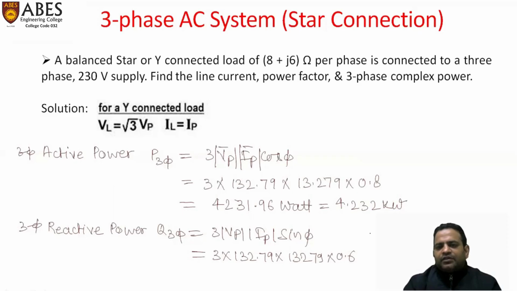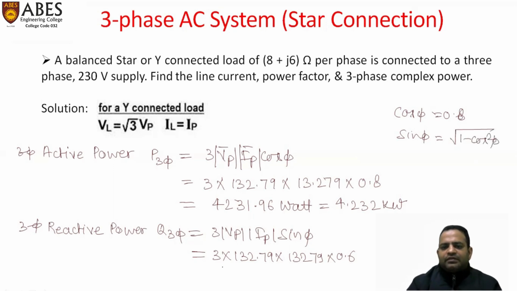If our cos phi is 0.8, then you can find out sin phi by using the square root of 1 minus cos square phi, or we can also find XP upon ZP, that is 6 upon 10, which is 0.6.